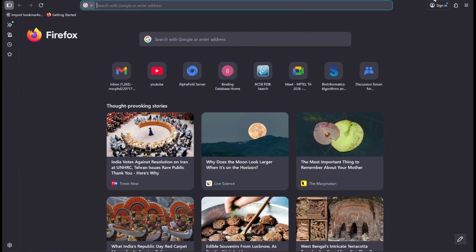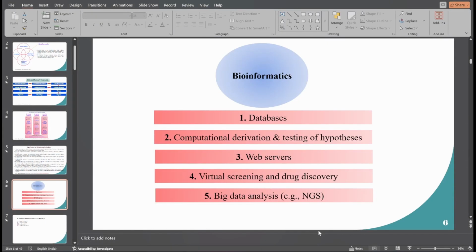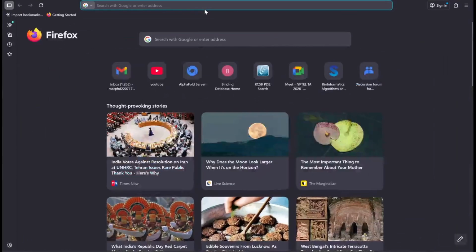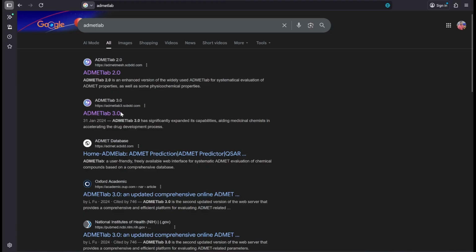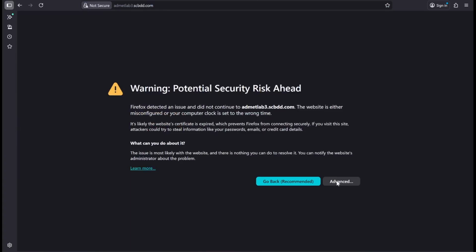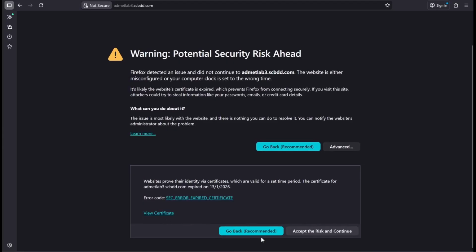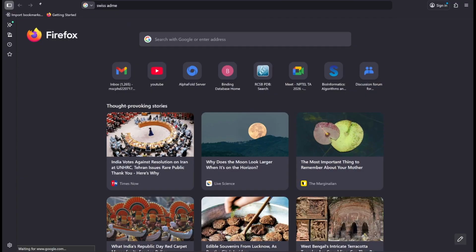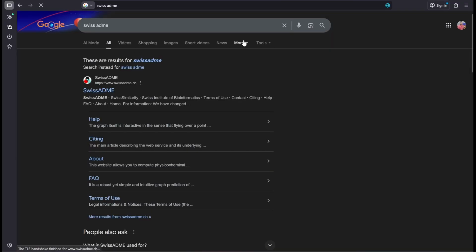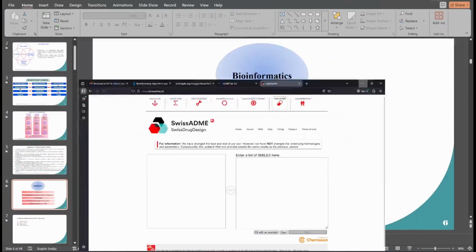If we talk about certain servers, can anybody give me an example of a particular web server? Maybe BLAST, yeah, that could be one example. So particularly in case of drug discovery, there are certain web servers which are very useful for predicting something called ADMET.